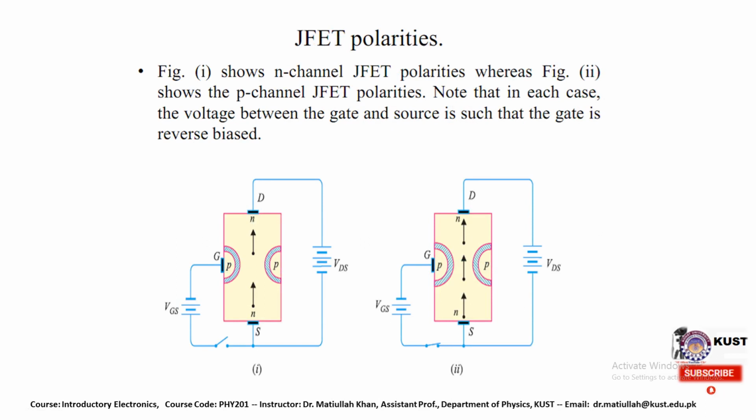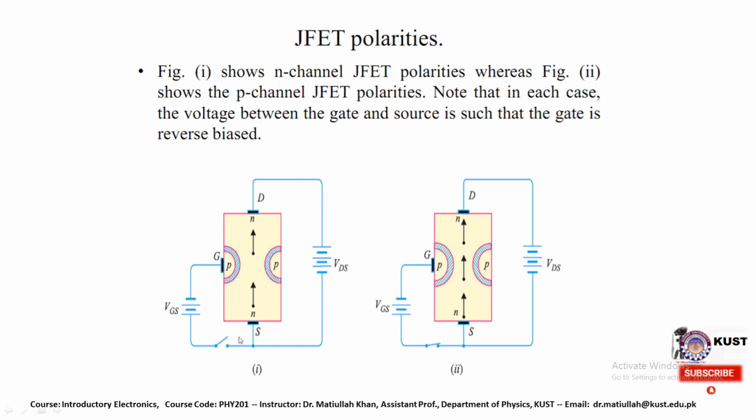JFET, I mean junction field effect transistor polarities. I mean how we can control the polarities of junction field effect transistors. Here in this figure it is shown for the N channel junction field effect transistor polarities. In both cases we have an N channel, connected with an external circuit.